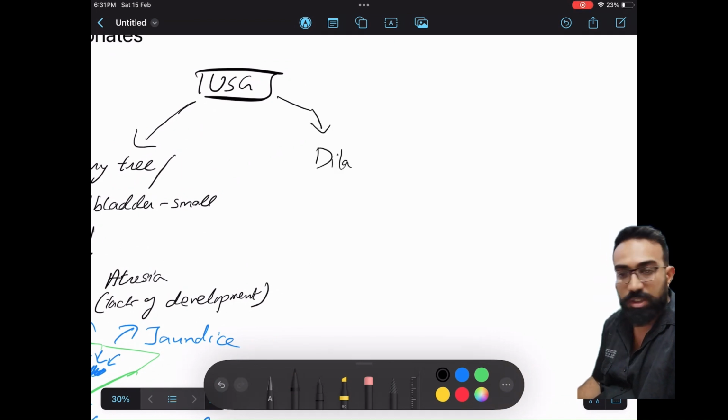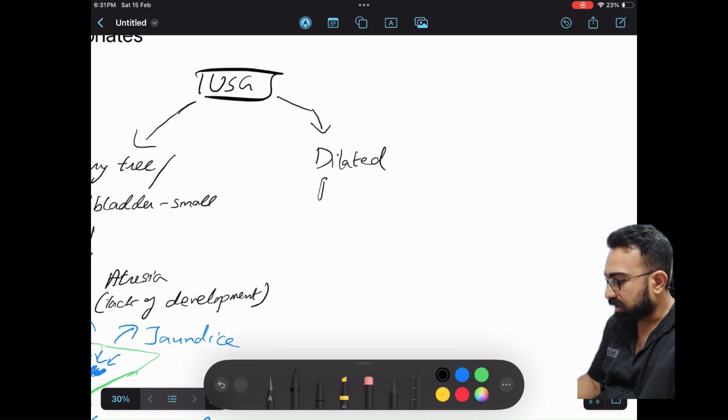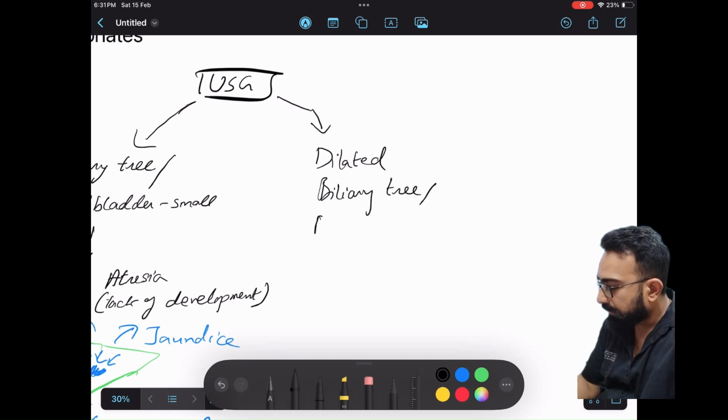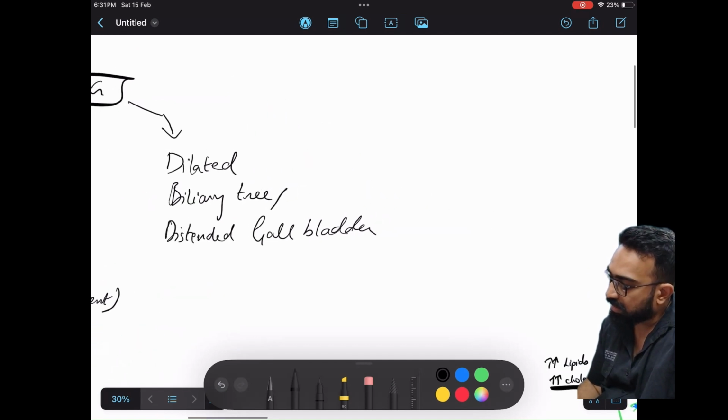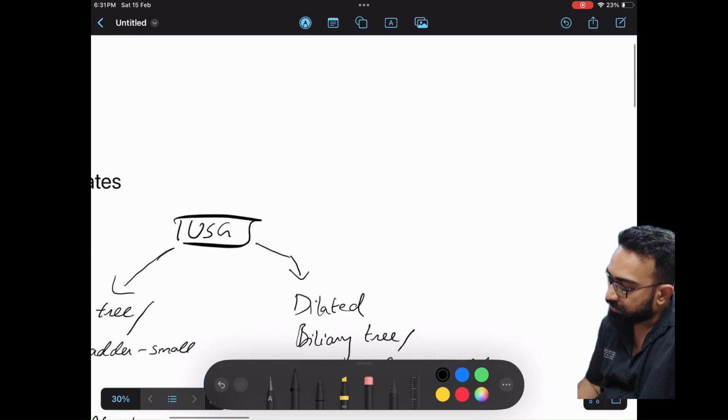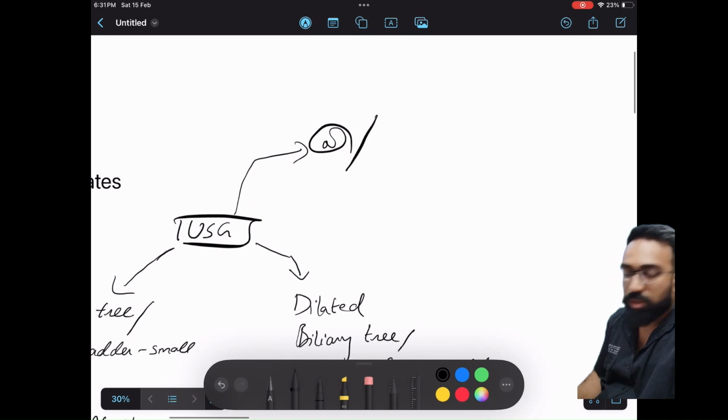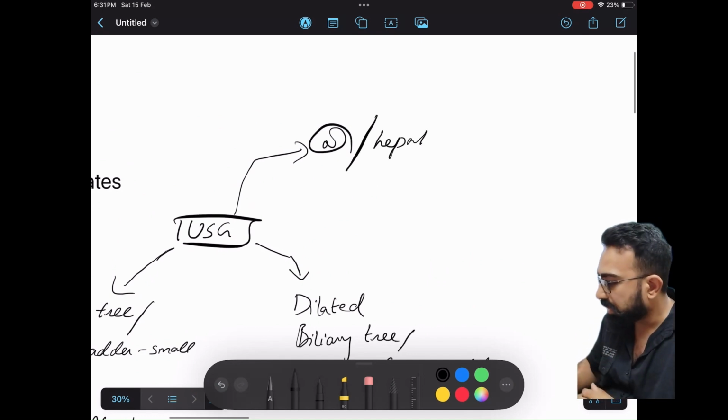This is one condition. The other condition is that on the ultrasound, what you might see is in fact a dilated biliary tree and a distended gallbladder. We will discuss this in a minute, because this requires a lot of discussion.